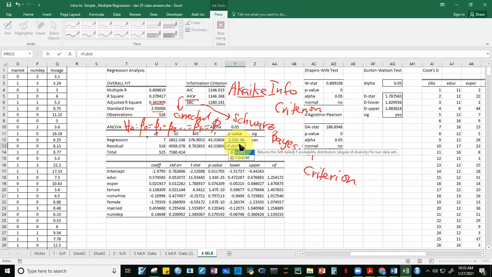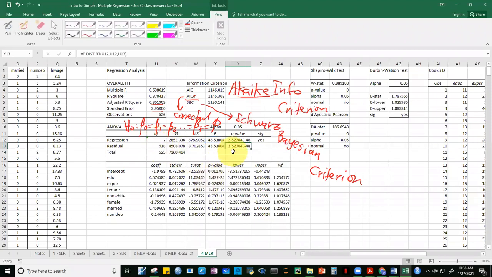F.DIST.RT, X natin is your FSTAT, comma, degree of freedom 1, comma, degree of freedom 2. Okay. So that's how we got our F value. Right? And significant, yes. So we reject our null hypothesis. We say that at least one of these is not equal to 0.